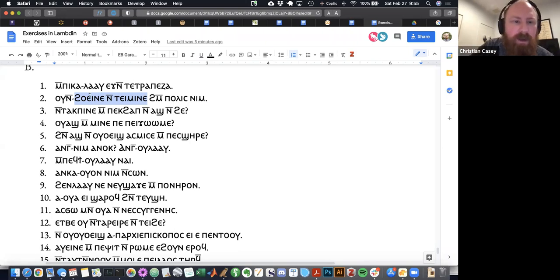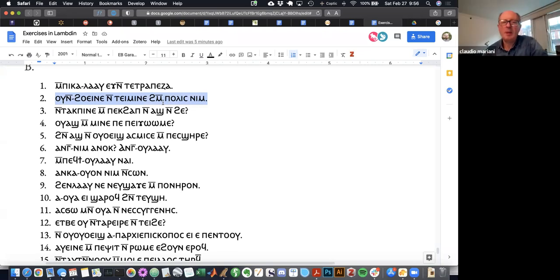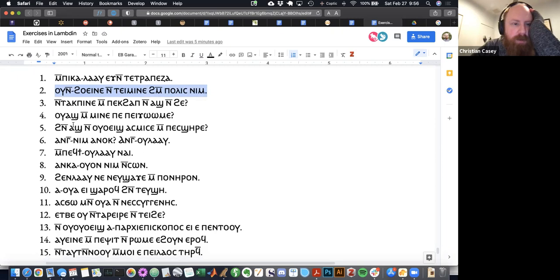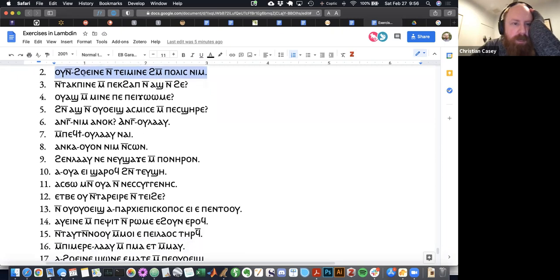Hoine in teimine, some of this kind, and putting it all together: there is some of this kind in every city. I don't know why I picked Citroen because I don't think there actually are Citroens in every city. I don't think we have those in the US, but whatever. You get the idea.